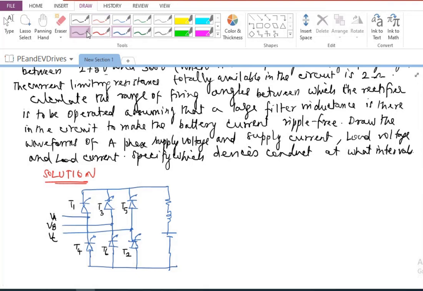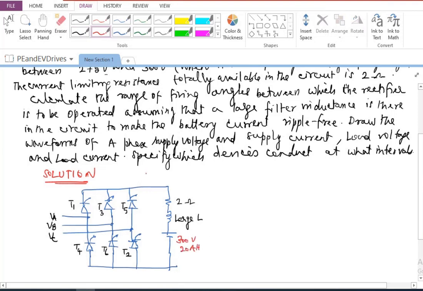Now this is going to be 2 ohm resistance, and this is a large inductance, and this is going to be 300 volts and 20 ampere hour battery. And the current has to be limited to 15 ampere. That is what is given.